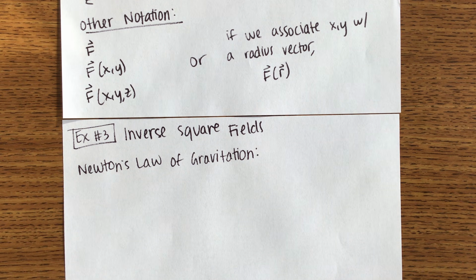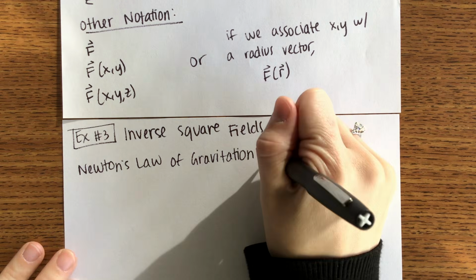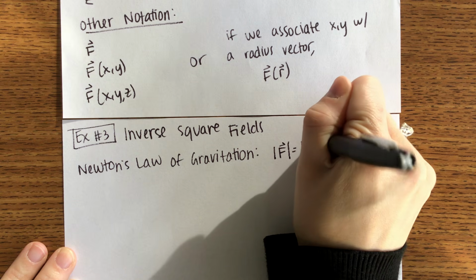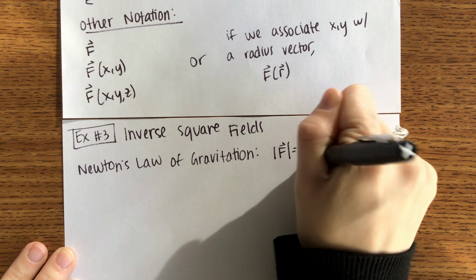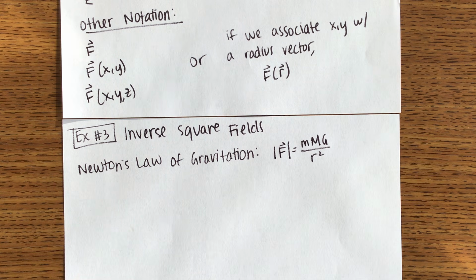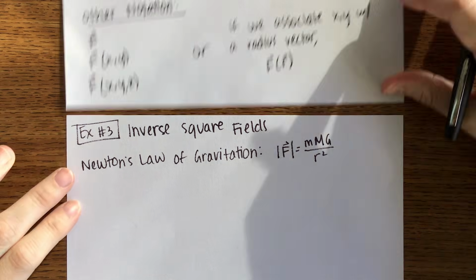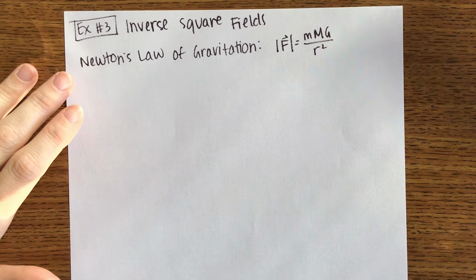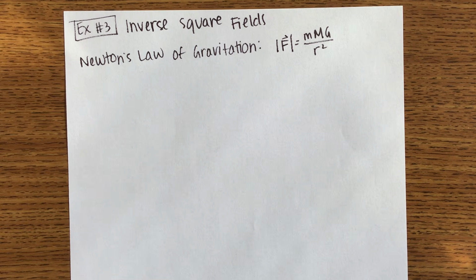Does it sound familiar? Yeah. Okay, great. That's Newton's law of gravitation. Do we know what this says? Like, can someone put that in words? Is this something you've done, but it's been a while?